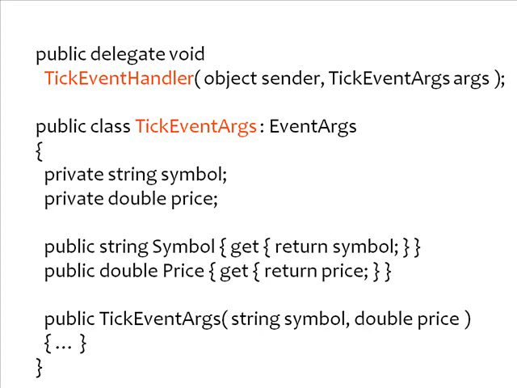And really what we're telling the compiler is the shape of this method. So it takes two parameters, an object and a tick event args instance, and it returns void. Below that we see the tick event args class, which I'm just using to aggregate a couple of different values together so that I can pass them all in as a single instance to the event handler.